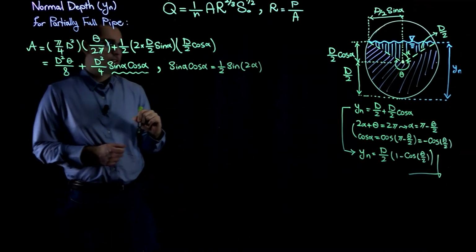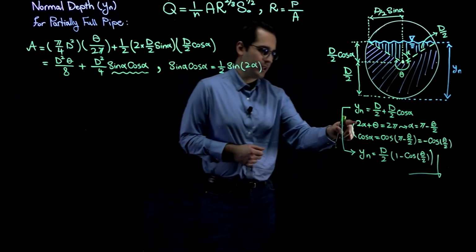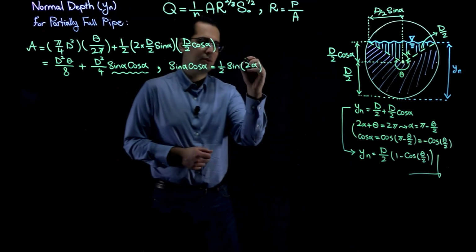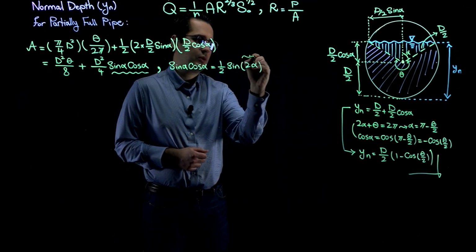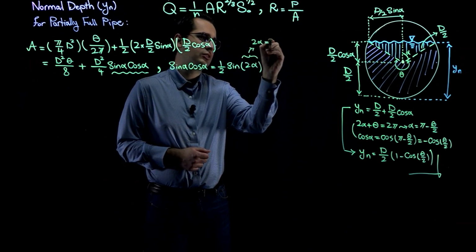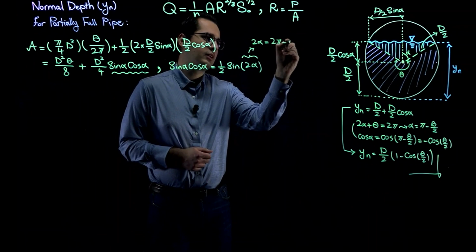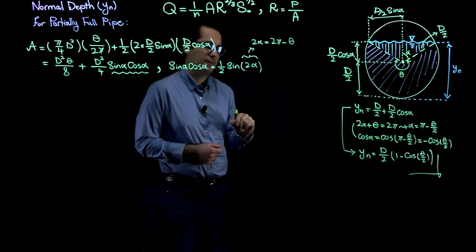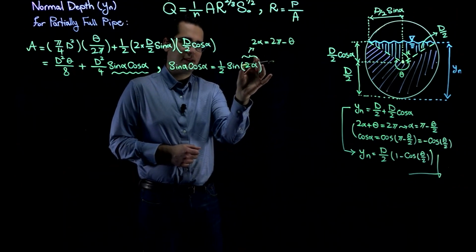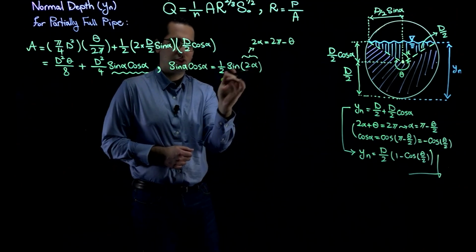Right? Okay. So we know this. Also, we know that 2 alpha is equal to 2 pi minus theta, right? So we know about this part of it. 2 alpha is equal to 2 pi minus theta, right? Okay. So I'm going to use this and write it and simplify this equation.